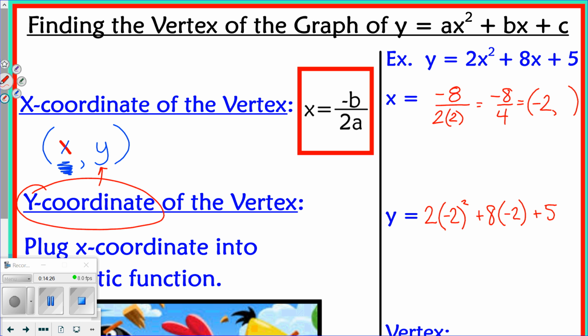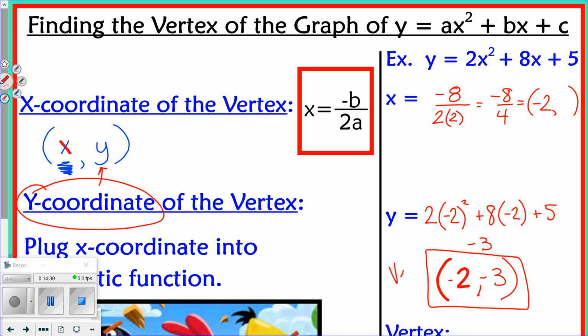Is that negative 3? All right, so that gives you negative 3. That means my vertex is negative 2, negative 3. That is your vertex. Because as we get into graphing these, if you can't find the vertex, you can't actually graph these very easily. You can, but it would take you a lot longer.